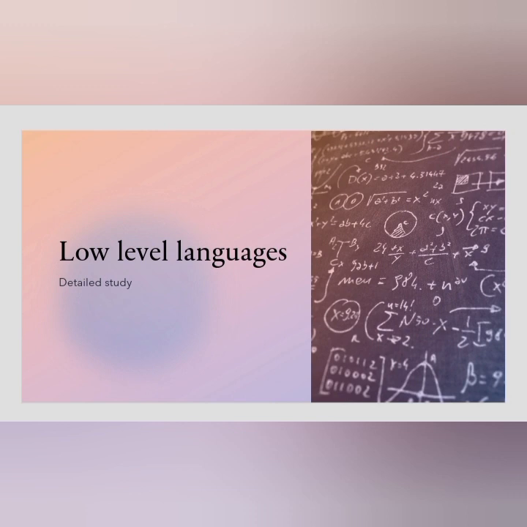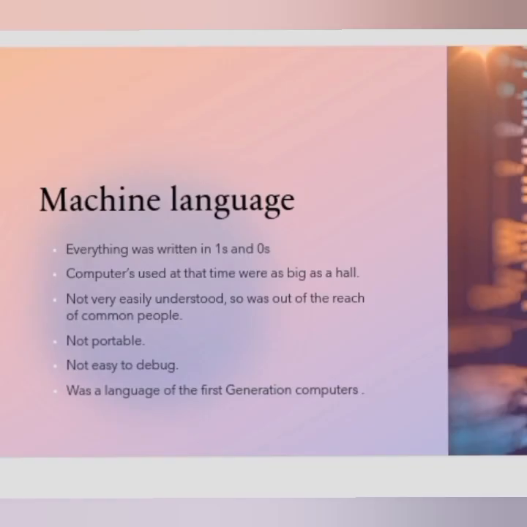The first low level language that was implemented was machine language. As the term suggests, machine language used two digits for programming, 0 and 1. Out of the combination of zeros and ones, the programmers used to work on the systems.